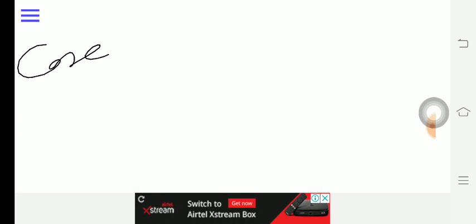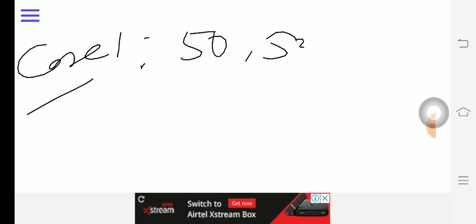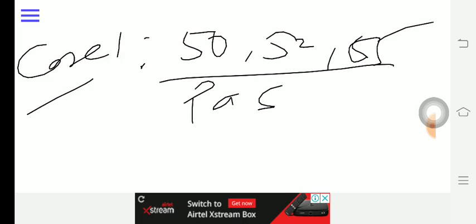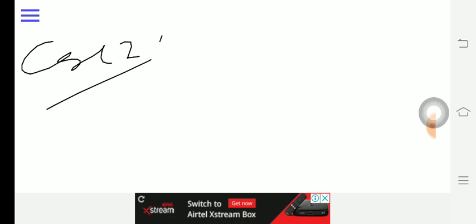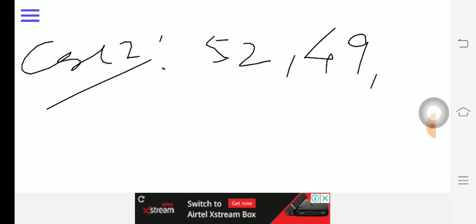Let us take the various cases. Case 1, let us take the basic 50, 52, 55. Everyone knows that this is pass. Let us take case 2. Suppose you had got 52, then 49, then 55.